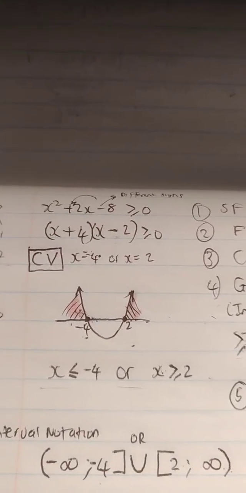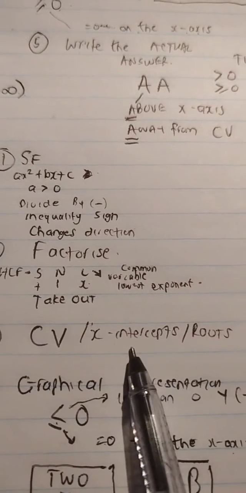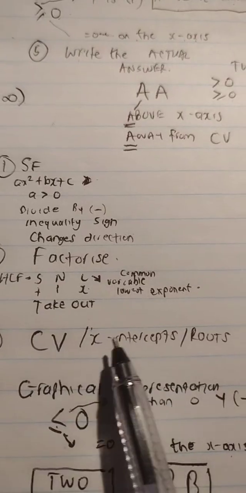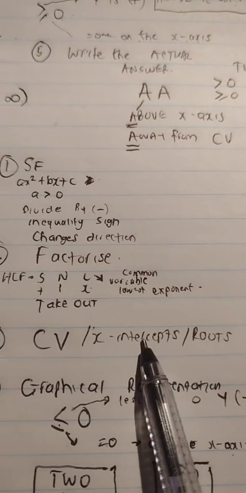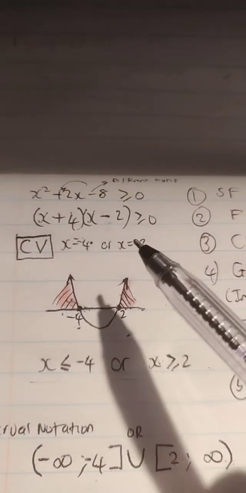But remember, what did I say are your critical values? I said your critical values are your x-intercepts, in other words, where your graph cuts the x-axis. That's what your critical values are, or we call them the roots. So we then draw a graph that is, in this situation, the a value, the coefficient of x squared, is 1 and it's +1.